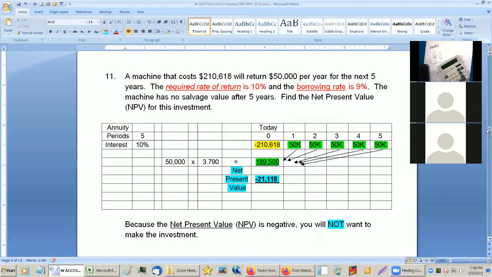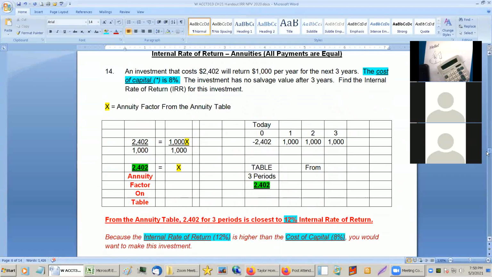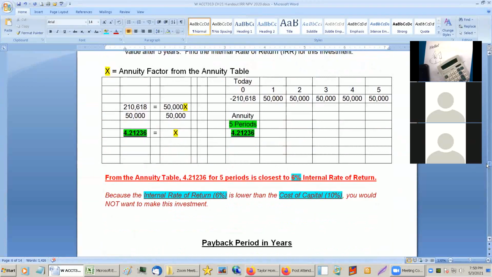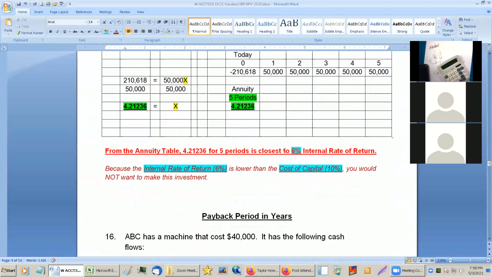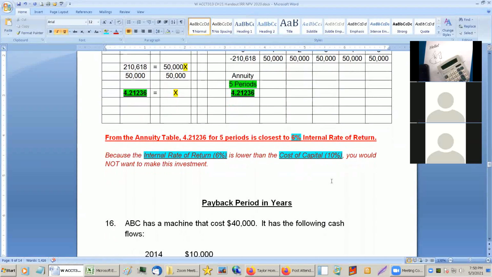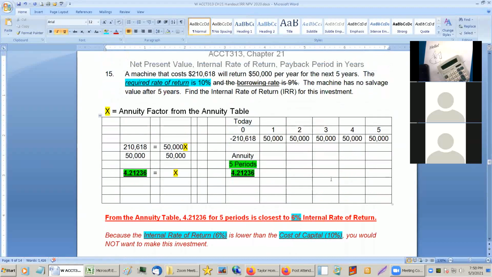But you could also say that it's only making 6%. We can't even pay off the investors at 6%. We need 10% just to pay off the investors. Any questions on that?